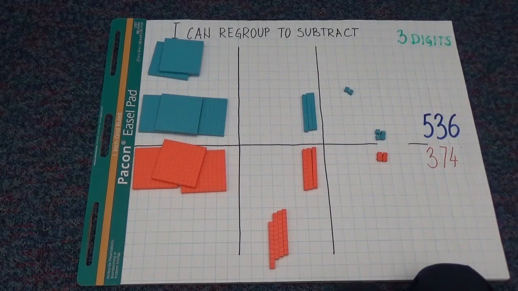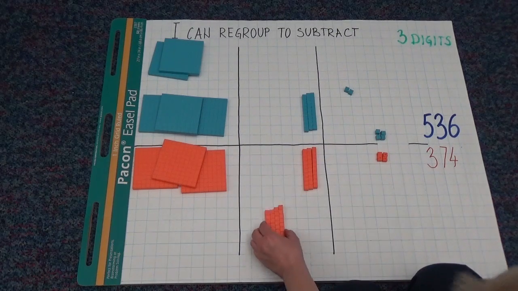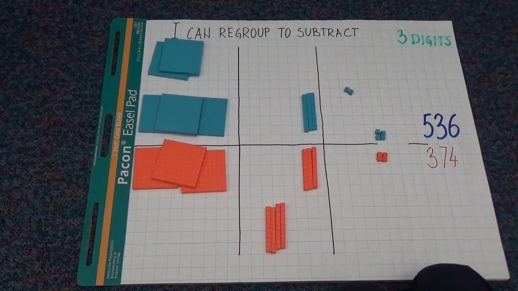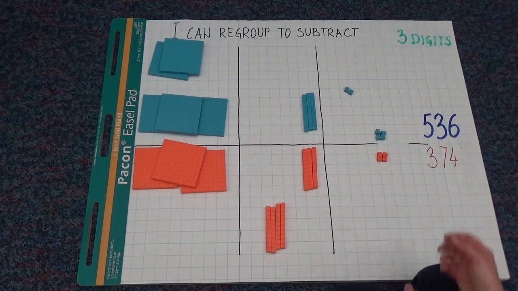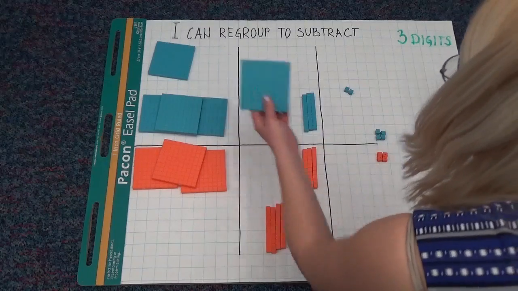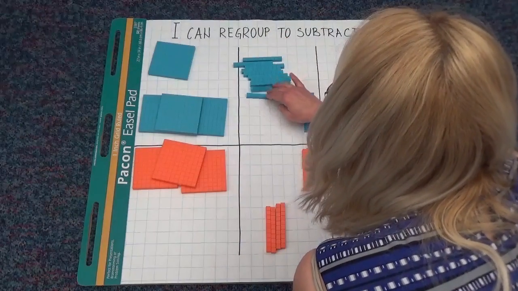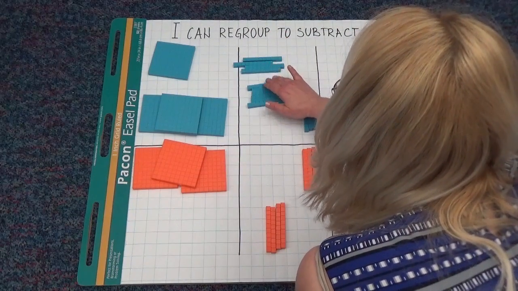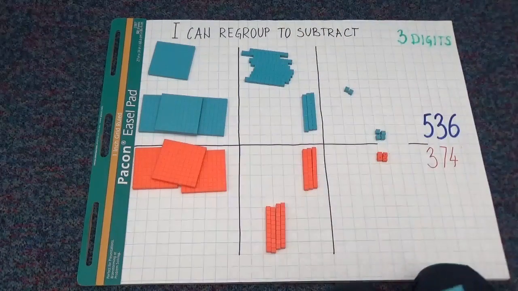Well, are we done? No. We still have 4 orange rods that are not matched. So what do we do? There's only one thing to do. We can decompose the higher order unit, which is 100, into 2, 4, 6, 8, 10 tens.